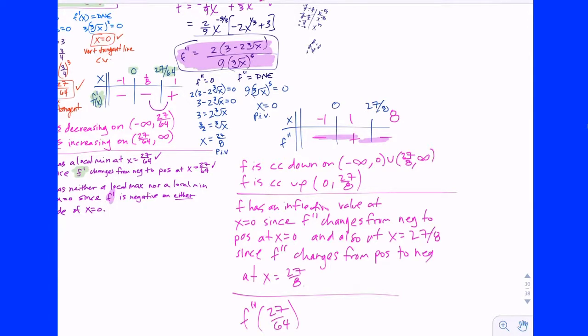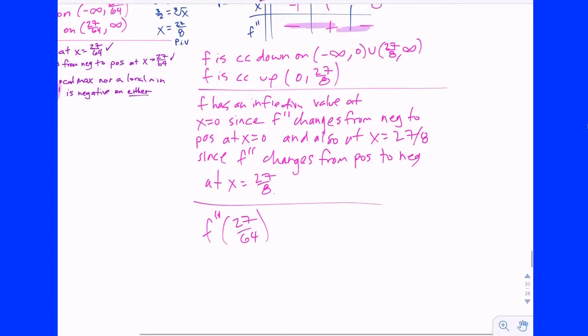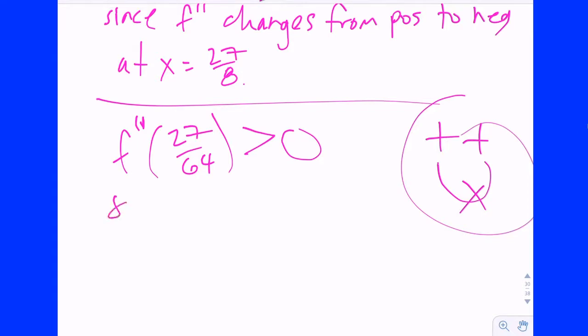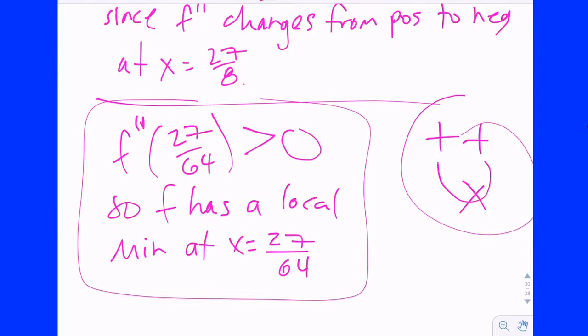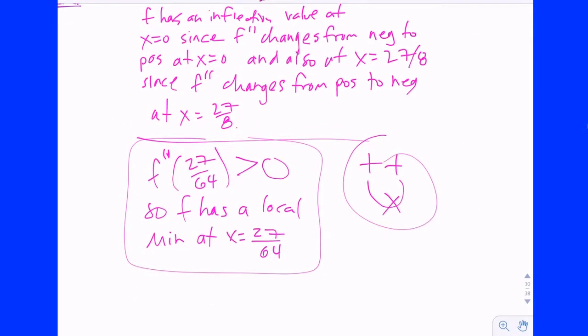It's positive, greater than 0. Positive means concave up, so you could use the second derivative test. So f has a local min at x equals 27/64.